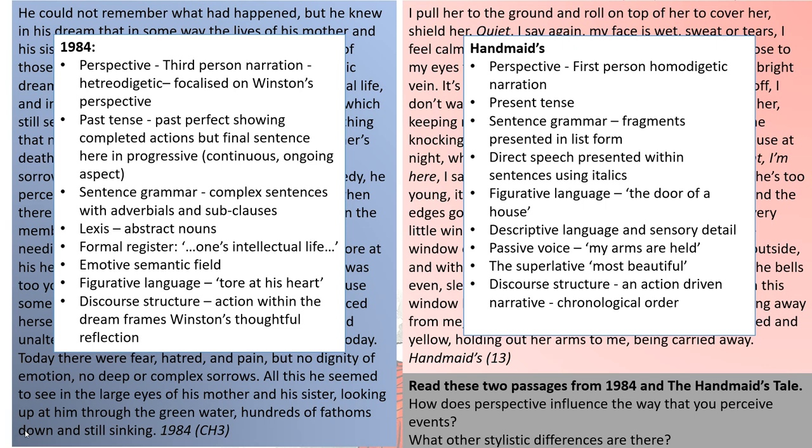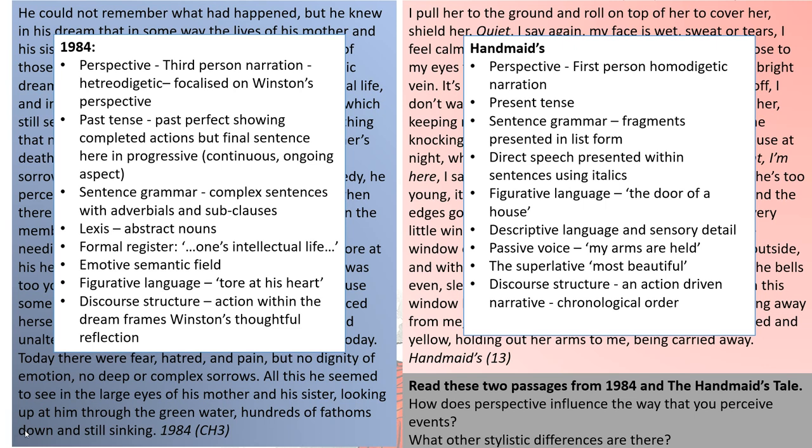There's a strangely formal register, and some of the lexis is quite multisyllabic, quite formal lexis, creating this formal register, one's intellectual life, and that grammatical perspective of using 'one' to discuss Winston's ideas has the effect of, I suppose, depersonalizing them somehow.